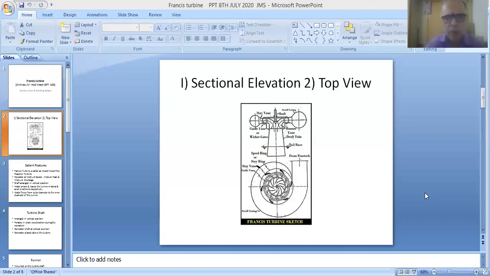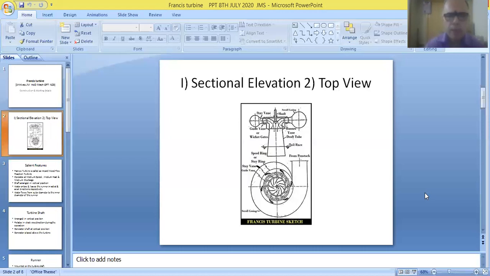Therefore, the guide blades will be coming to closed position, and they will be supplying less quantity of water into the runner. This is the arrangement of the mechanism called the guide wheel mechanism. That means the guide wheel and guide blades put together are referred to as a guide wheel mechanism.